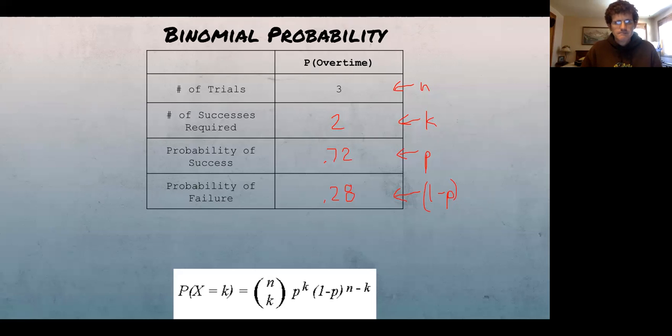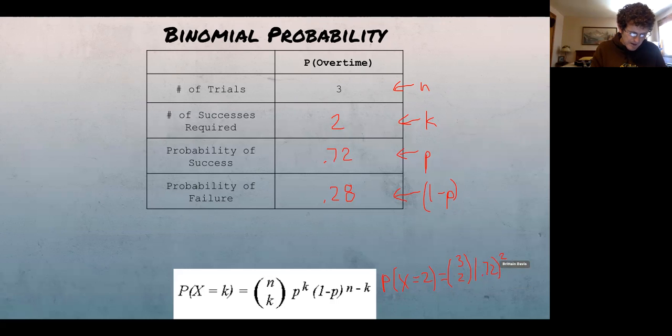So I can just plug this in. So it's essentially going to be the probability of my random variable equaling 2. I can write this notation however I like. So it's going to be n choose k, it's going to be 3 choose 2 with the probability of success 0.72 raised to the k power, which is 2.